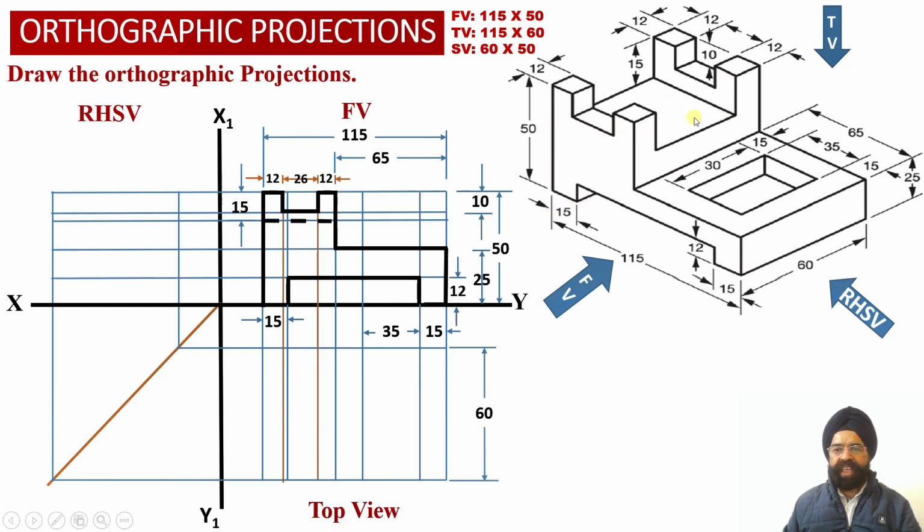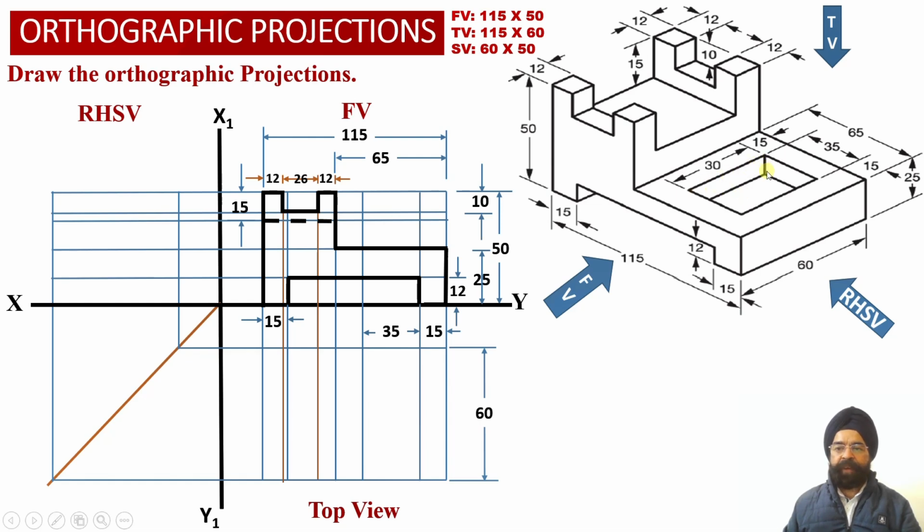Now from the front view orientation, this horizontal surface will not be visible to the observer because this horizontal surface has been covered by this vertical web which is located towards the front face of the solid over here. So that is why corresponding to this horizontal surface, we will be able to obtain the hidden line projections or the dotted line projections at a distance of 15 millimeter from the top face, because this dimension happens to be 15 millimeter from the top face of the solid over here.